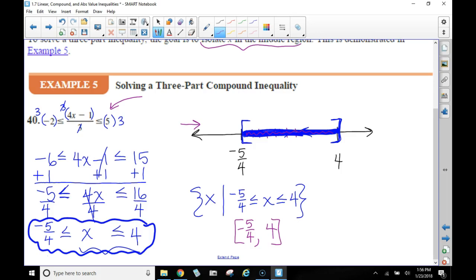So these things mean the same, okay? It's set builder notation and interval notation. It's just a different way to express that. Now, when you have some type of interval that has brackets on both ends, we call that a closed interval. Just FYI.